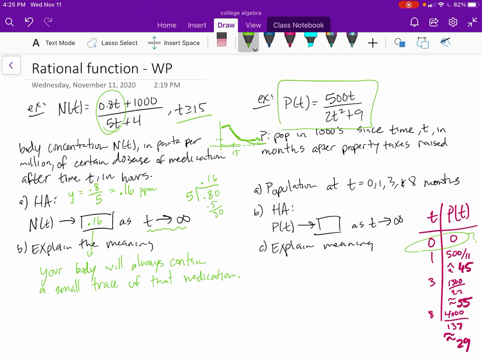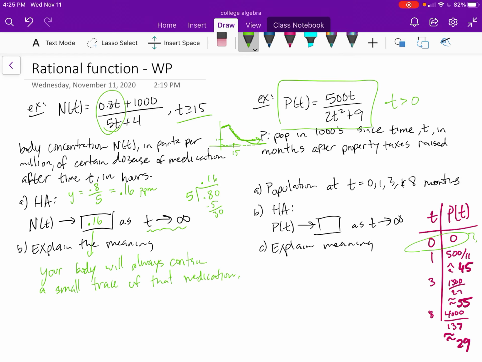So I don't know if this is a brand new town, new development, and at time 0 there wasn't even anybody there yet, and then they had to apply property taxes once the houses were built. I don't know enough information about this, but I would assume that this model just doesn't work at time 0, and that's okay. In that case, they should put a time restriction here, like time is greater than 0, because 0 doesn't make sense, but it works for any other month.